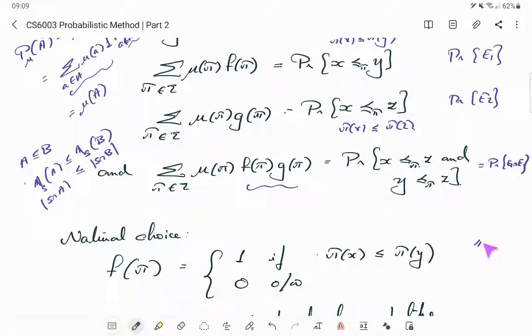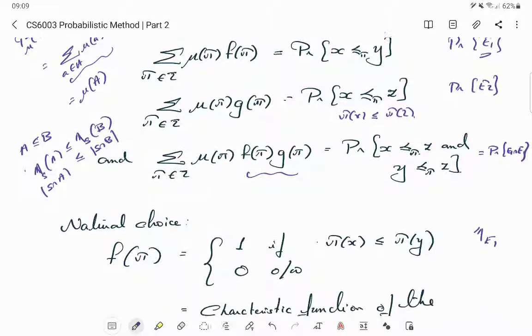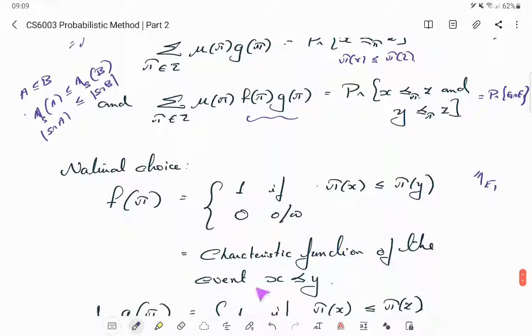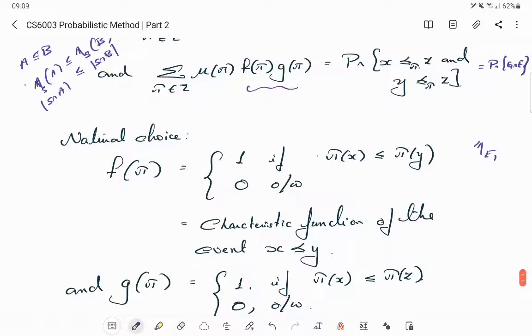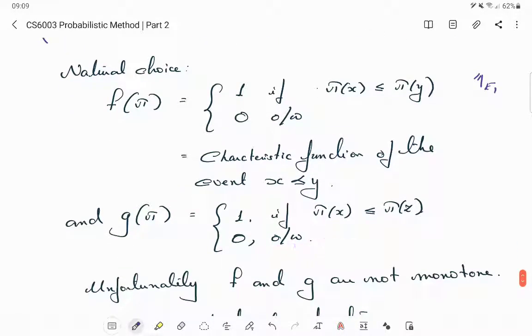So this is in some sense the characteristic function of the event E1 that we are talking about. Similarly, g would be the characteristic function of the event E2, that x is less than or equal to z.